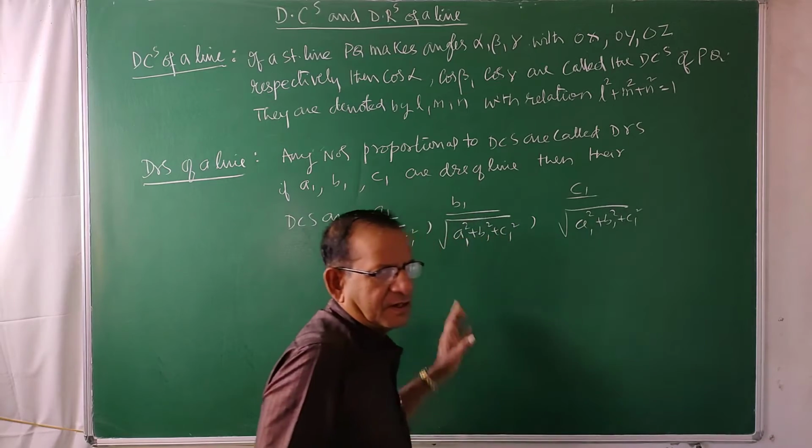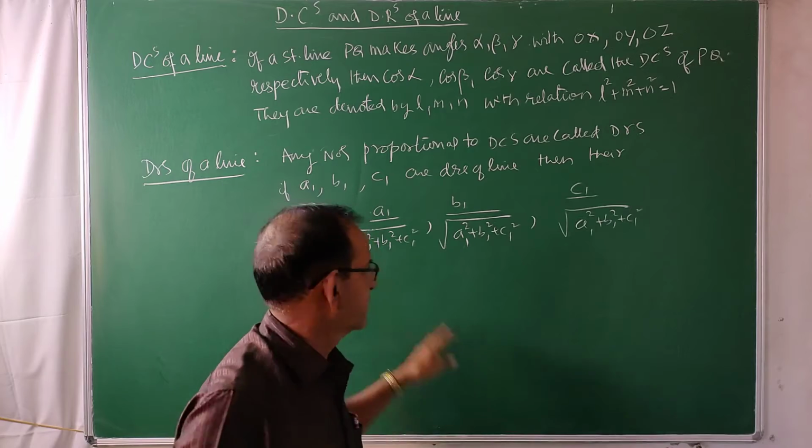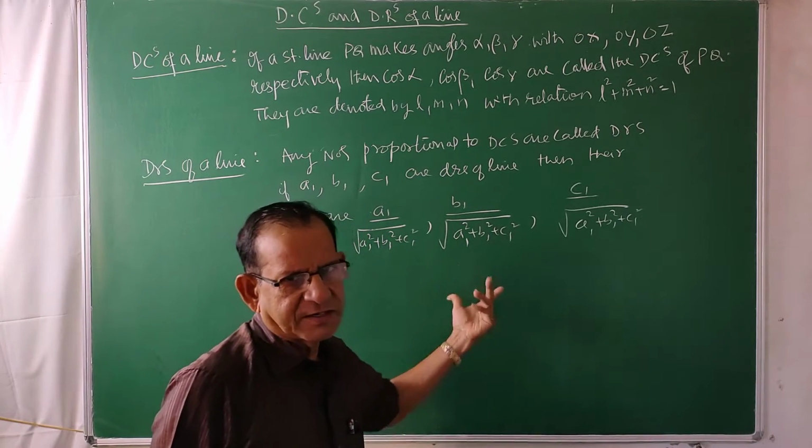How to write the DCs like that? If you take these three as l, m, n, then l square plus m square plus n square is 1 in this case.